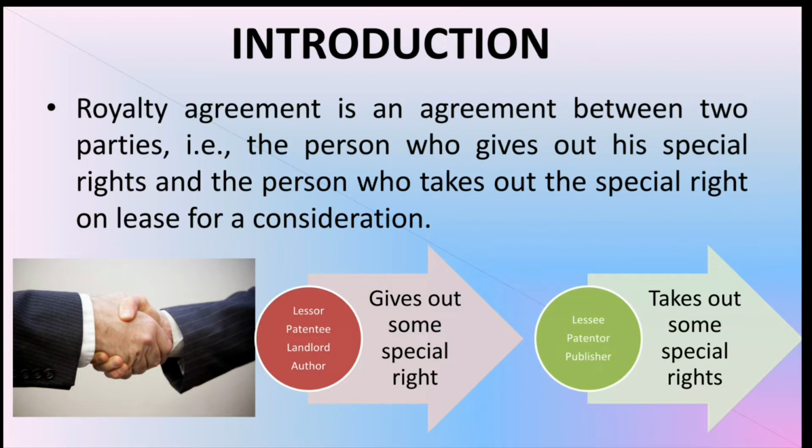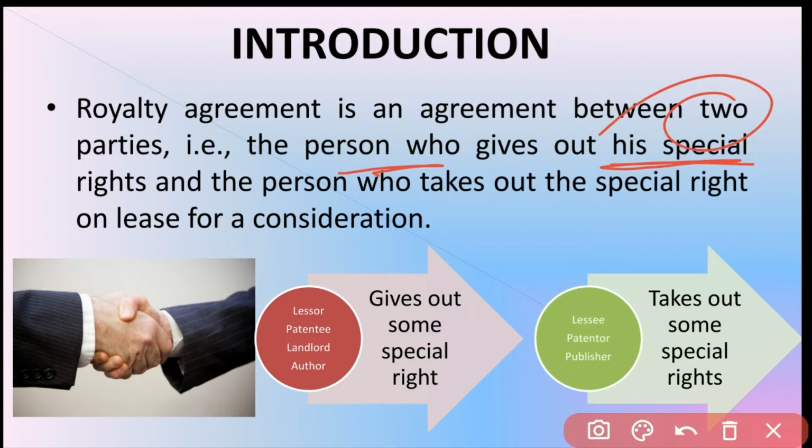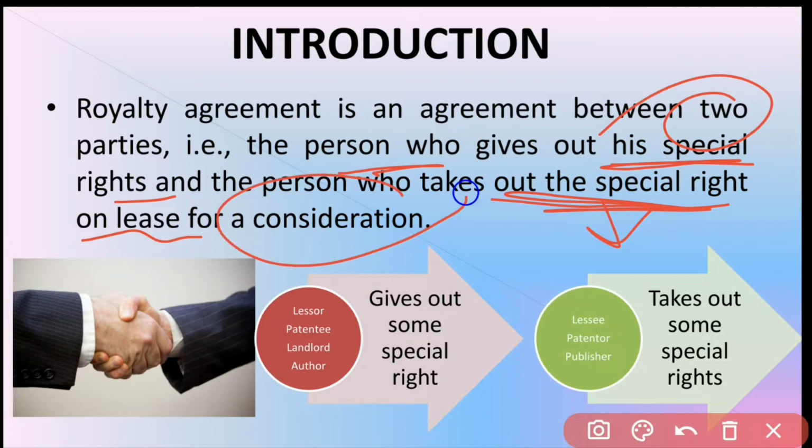So let's understand what is a royalty agreement. It is an agreement between two parties, that is, the person who gives out his special rights. I told you that I gave certain rights to person A to produce the books. And the person who takes the special rights, this is person A in the example, on lease for a consideration. Over here, what is the consideration? It is always in monetary terms.